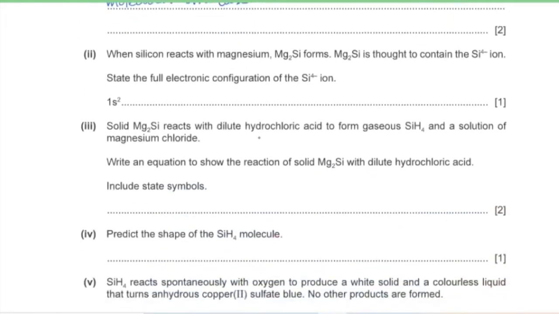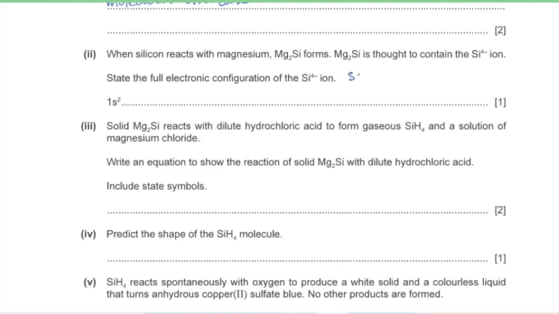Part 2, when silicon reacts with magnesium, Mg2Si forms. Mg2Si is thought to contain the Si4- ion. State the full electronic configuration of the Si4- ion. Okay, so for the configuration of any ion, whether anion or cation, you're first advised to write its atom's electronic configuration, like that of silicon.